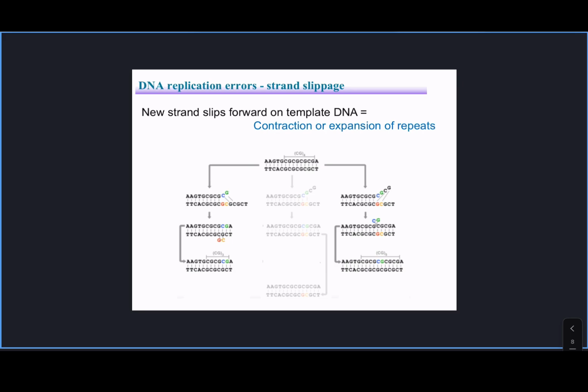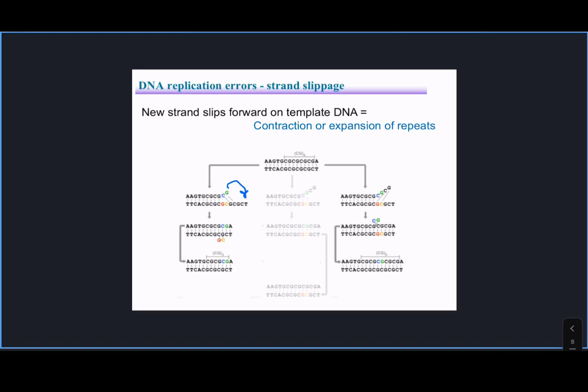On the left, we have the case that when DNA polymerase reattaches, it does so jumping forward, and now it skips a couple of nucleotides in that original sequence. So the original sequence had 4 CG repeats, and now the replicated molecule has only 3.